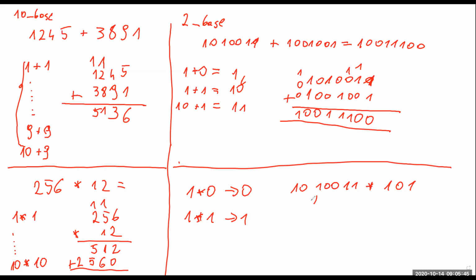Multiplication consists of this: 1 times this element, then I have zeros, and then I have 1 times this element.